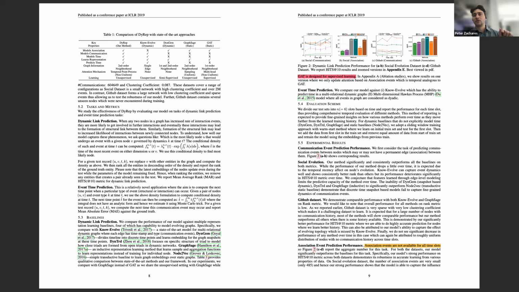They hint at a method, which they point to in their appendix, for how you could incorporate edge features. But they don't deal with changing node or edge features. They just point to how you could maybe incorporate edge features during initialization of your dynamic process.